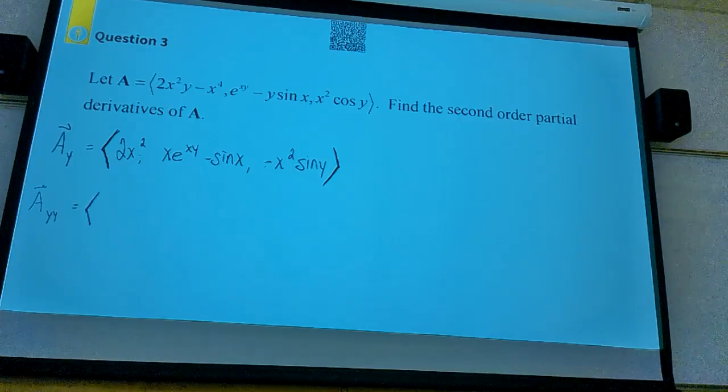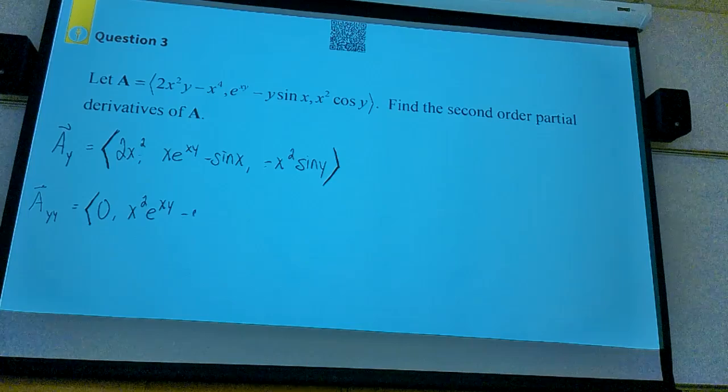Again, with respect to y, zero, x squared e to the xy, and what, negative x squared cosine y.